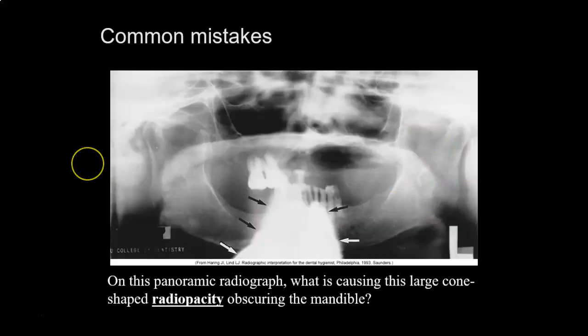On this panoramic radiograph, what is causing this large cone-shaped radiopacity obscuring the mandible? What is this? This would be an apron with a thyroid collar used, or an apron placed too high on the patient's neck.